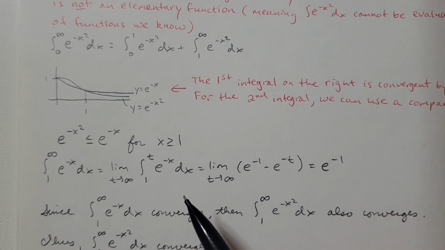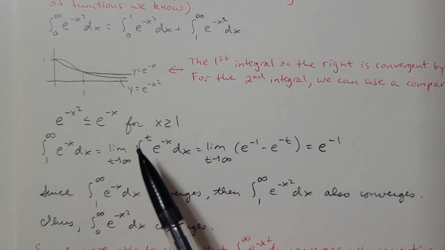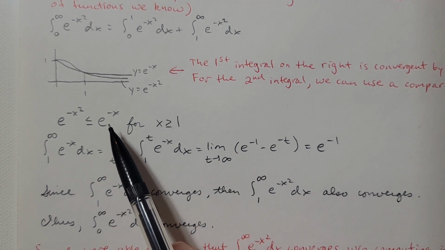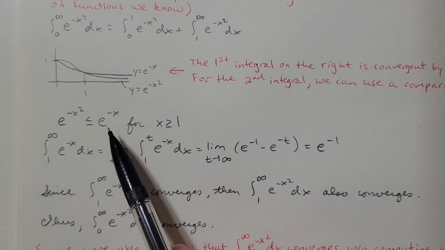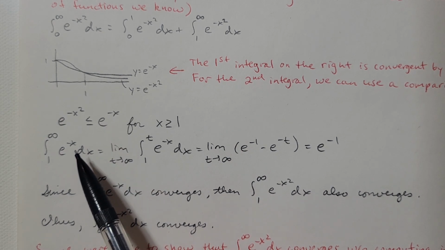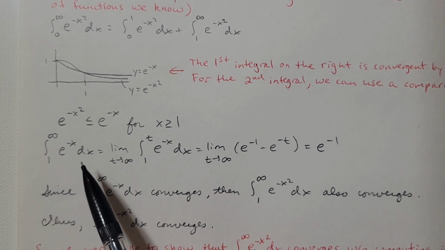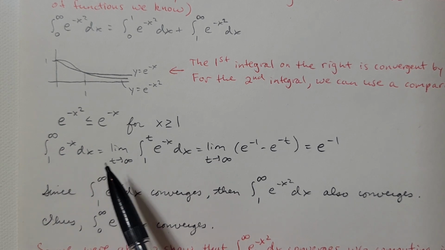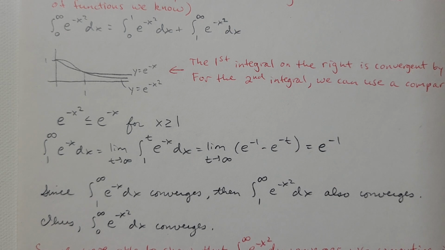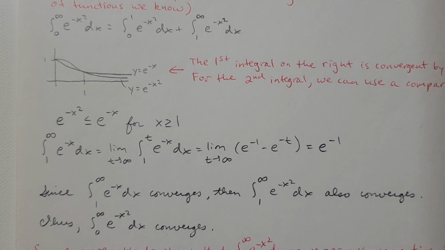So, let's see. I'm going to go ahead and integrate this function, y equals e to the negative x, on the interval 1 to infinity. That's an improper integral. So I need to use the limit definition. That's equal to the limit as t approaches infinity for the integral going from 1 to t of e to the negative x dx.